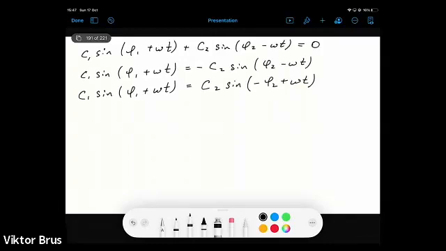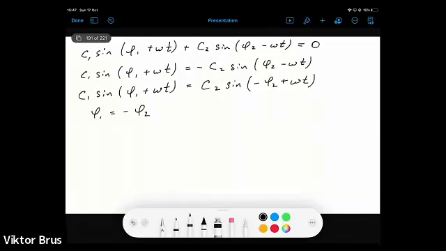And we see from here that left and right side will be equal only when we have φ1 equal to minus φ2. Then left and right side of this equation will be equal to each other.